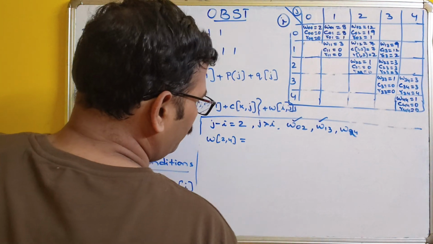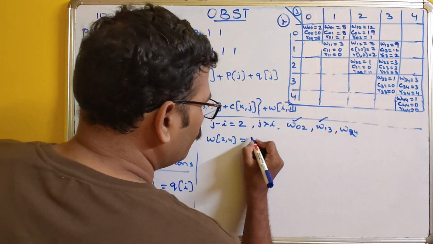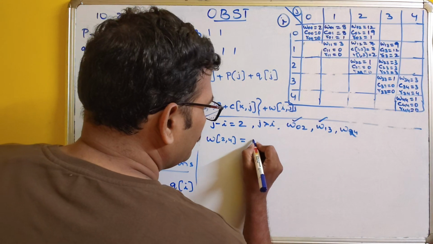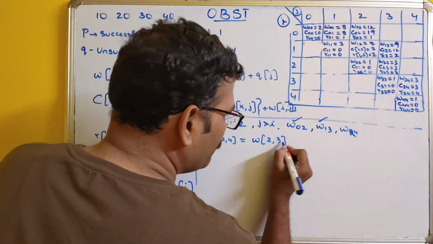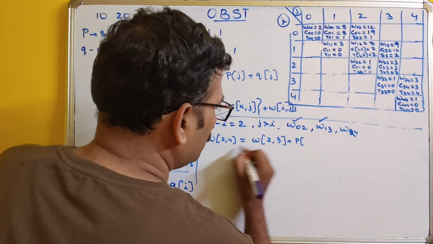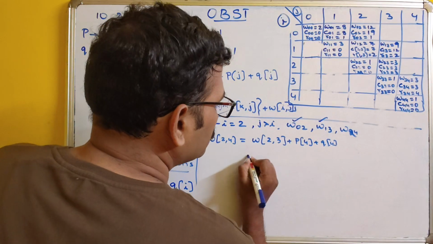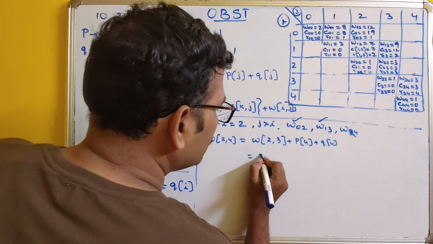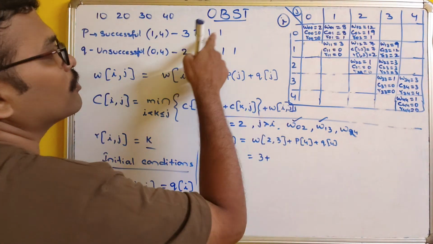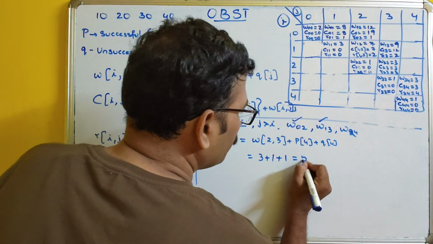W of 2, 4 is W of 2, 3, which is j minus 1, plus P of 4 and Q of 4. So W of 2, 3 is 3, plus P of 4, which is 1, and Q of 4, which is again 1, which is nothing but 5.